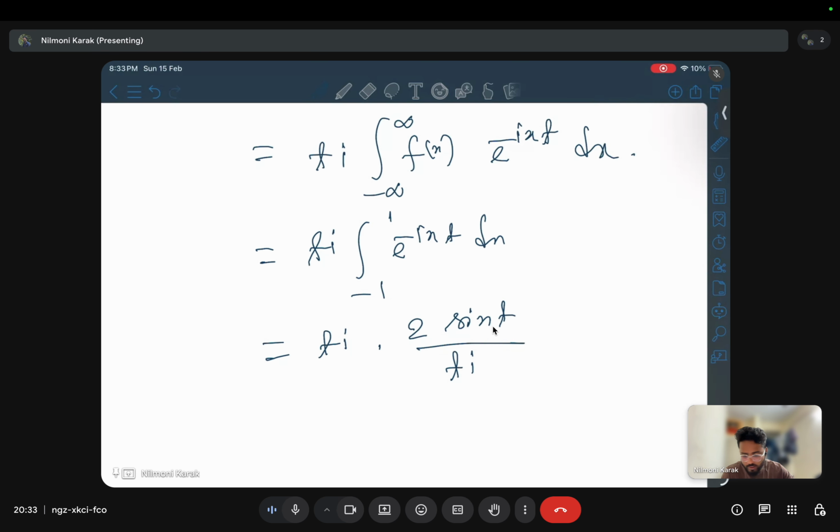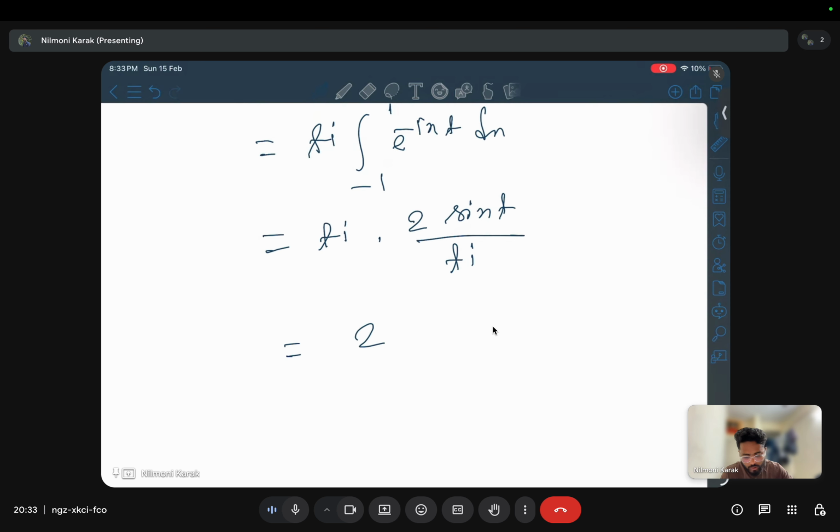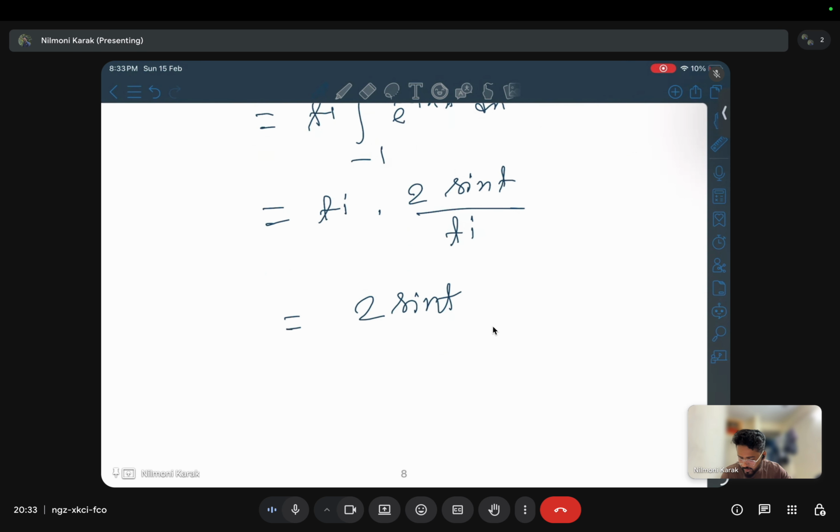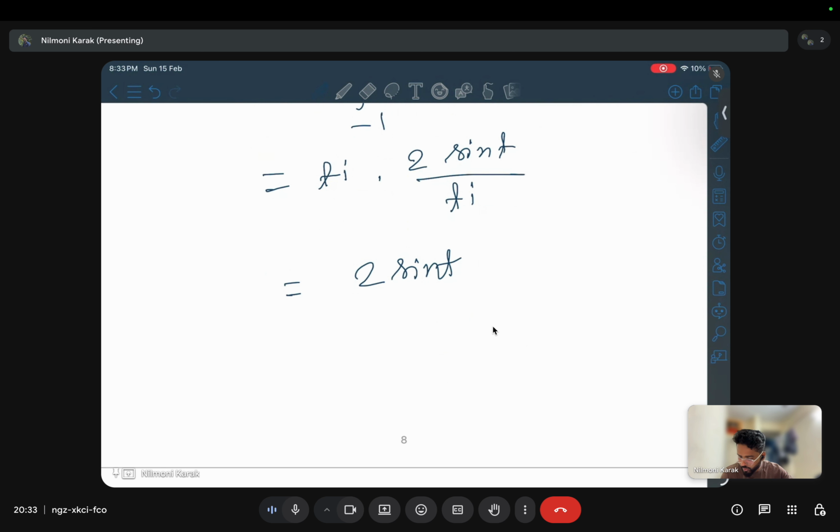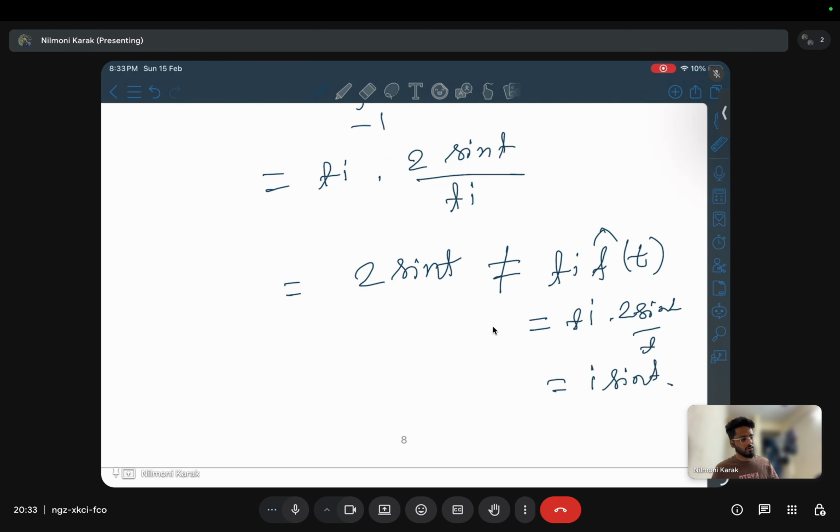So the it cancels. This is 2 sin t, and this is not equal to it times f hat of t, because f hat of t is 2 sin t by t. So it times this is 2i sin t, not 2 sin t only. Okay, this is the counterexample.